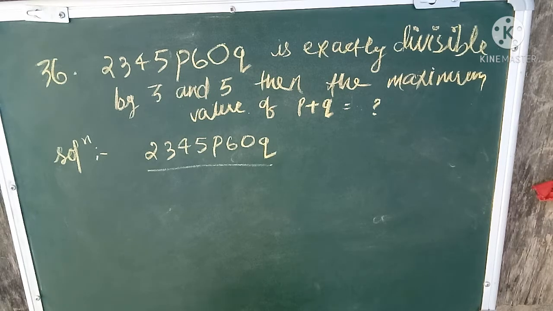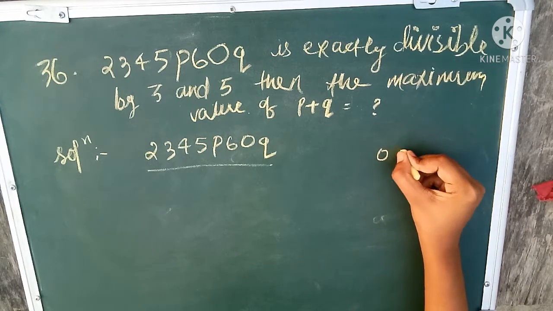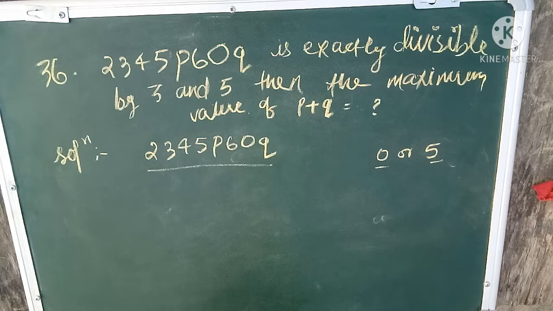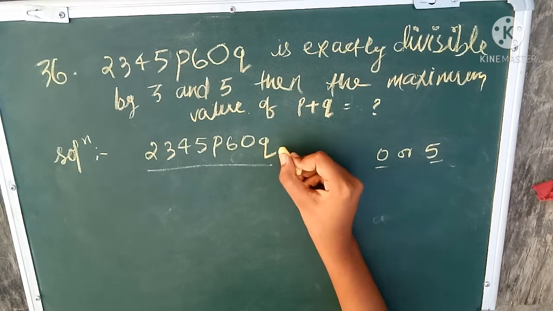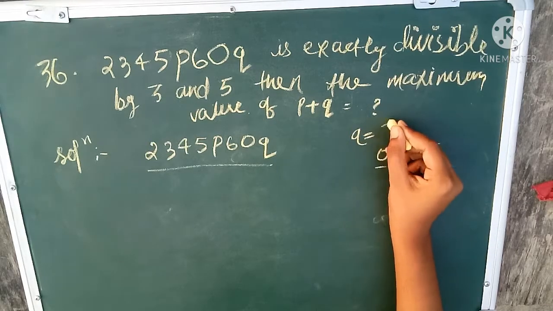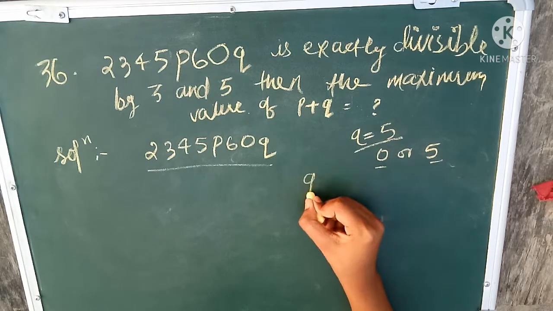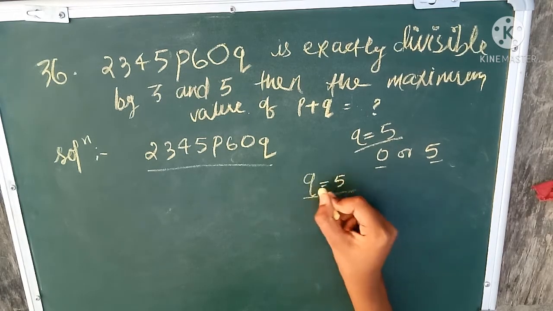Divisibility rule of 5 says that a number is divisible by 5 if and only if the unit digit of that number is either equal to 0 or equal to 5. So here we have to find the maximum value of P plus Q. So we can say let Q be equal to 5, so that the whole number is divisible by 5. Using this, we have already found the value of Q, which is equal to 5.